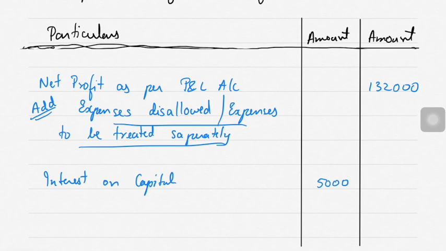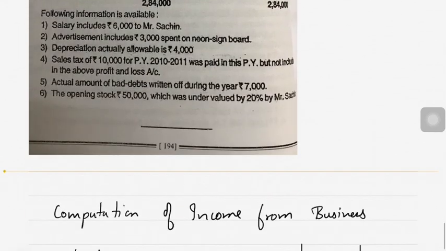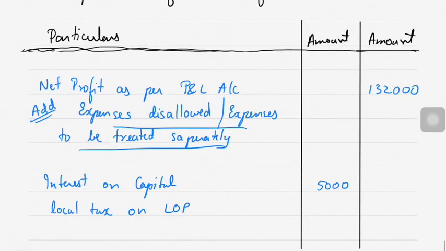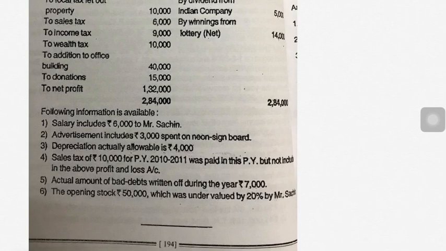So local tax on let out property, the amount is 10,000. Next, to sales tax 6,000. We'll assume the sales tax is paid, so 6,000 is fine.